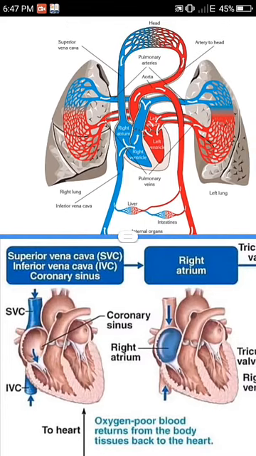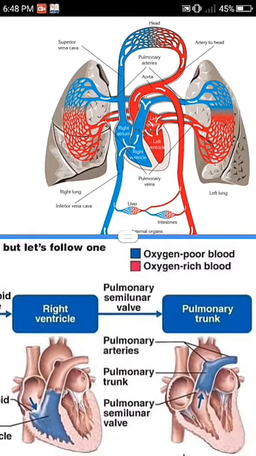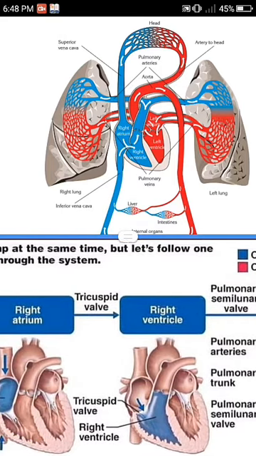The blood comes into the right atrium, and this blood is poorly oxygenated, indicated by the green color.